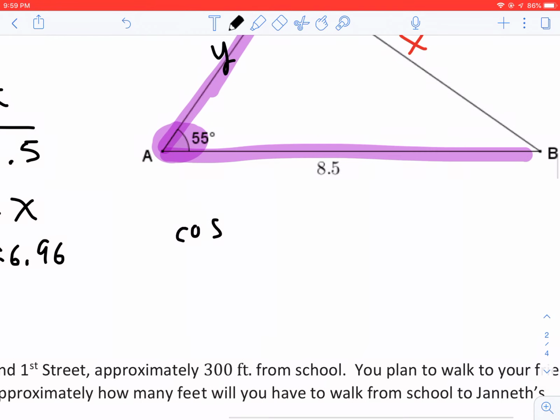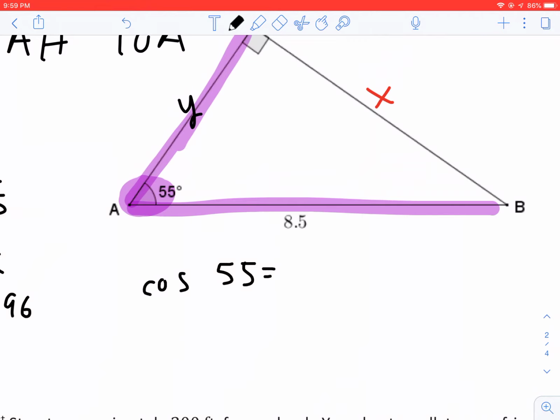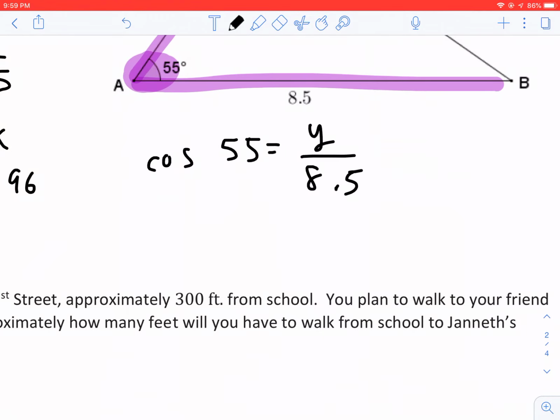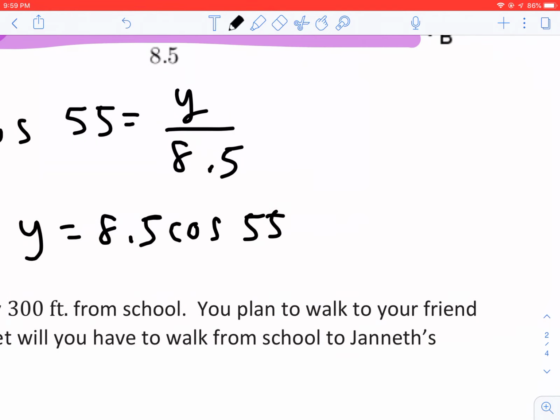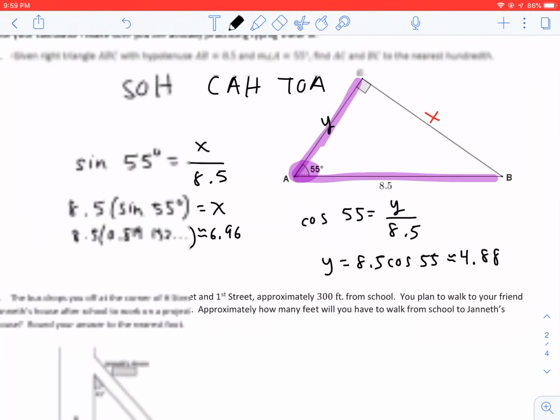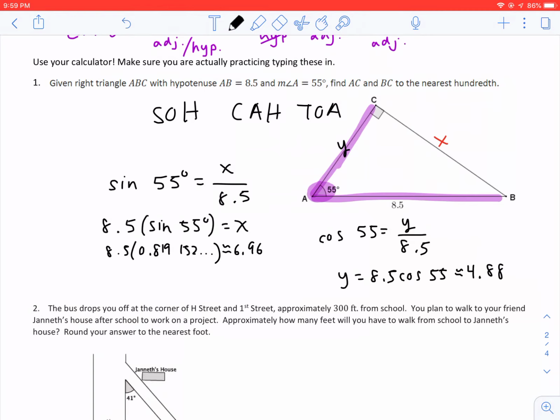So I can say cosine of 55 degrees is adjacent, y, over hypotenuse, 8.5. Y is going to equal 8.5 times cosine of 55. Let me type that in. Times trig cosine 55. And that's going to be approximately 4.88. Did it give us units? No.